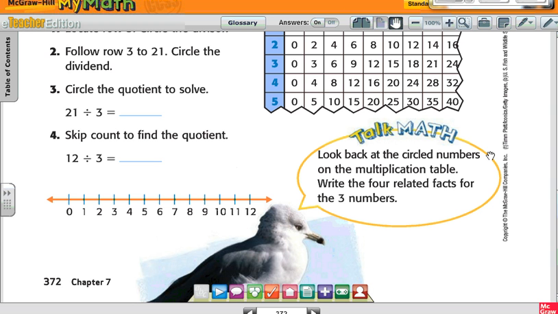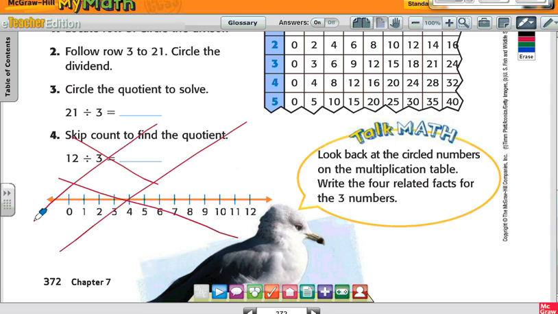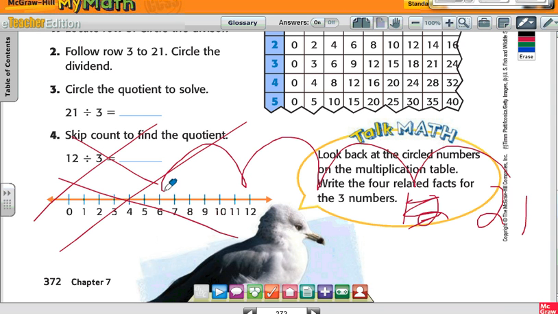All right, I think they made a little mistake there, but don't worry about the skip count. They misprinted. It should be 21 divided by 3. It should be 21 here, and you're skip counting by 3. So if I have a number line from 21, it would be to 18, to 15, to 12, to 9, to 6, and to 0.